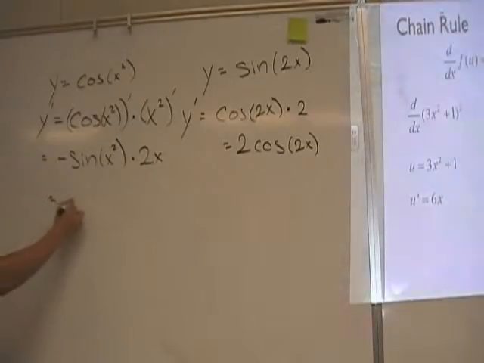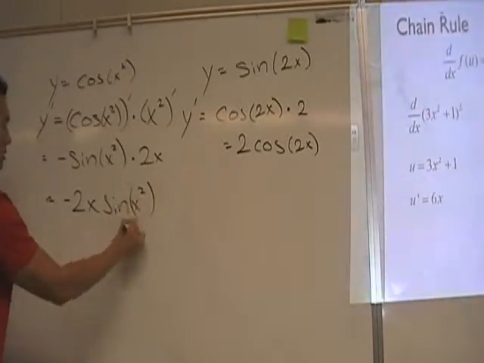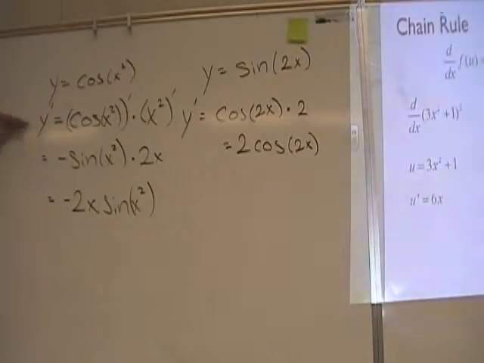So your answer is negative 2x sine of x squared. So this is kind of the in-between step. Okay, any questions there?